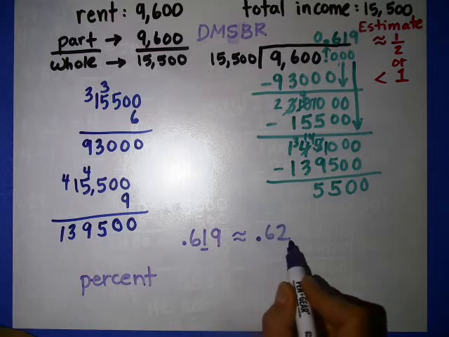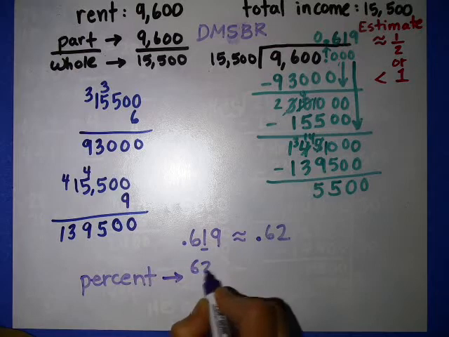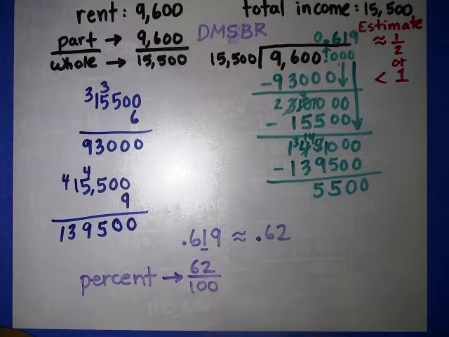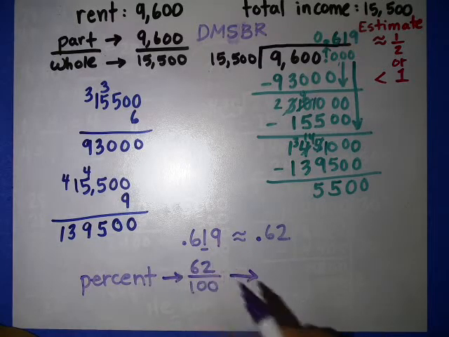You read it as 62 hundredths, which equals 62 out of 100. So those two things are the same thing. But this is still not a percent, that's a fraction. We want it in percent form. So this, 62 out of 100, well, all percents are out of 100, so that just becomes 62%.